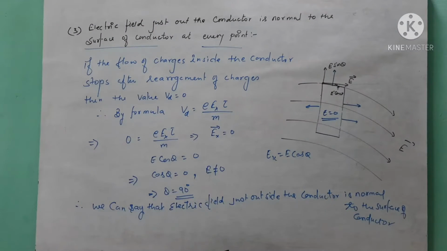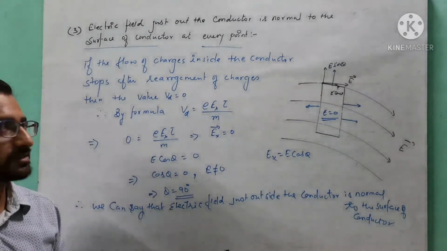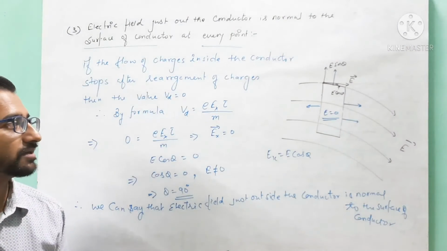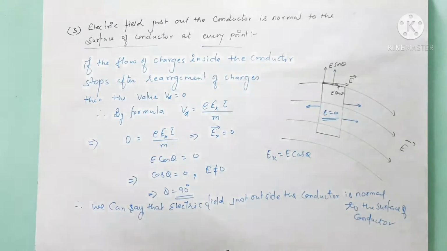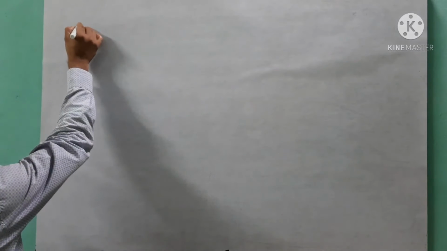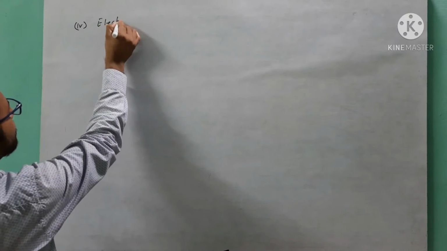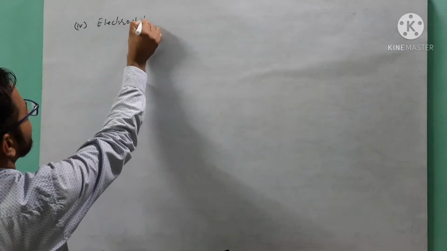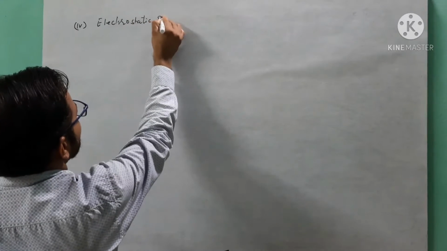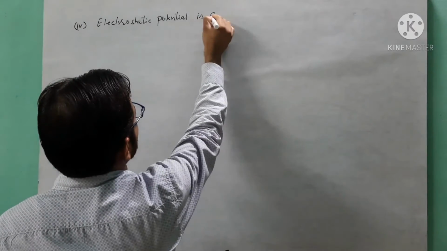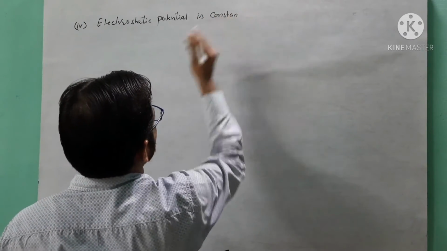And the fourth result, in which we will discuss the electrostatic potential. For that, pause the video and note down. Now the fourth one is about the electrostatic potential, which is constant inside the conductor.